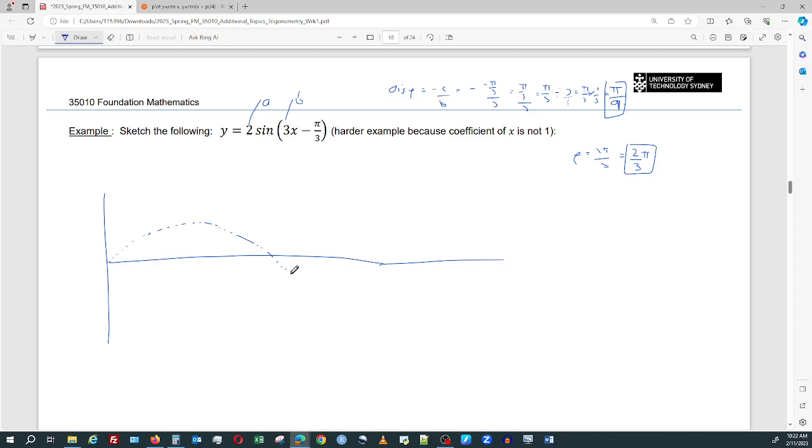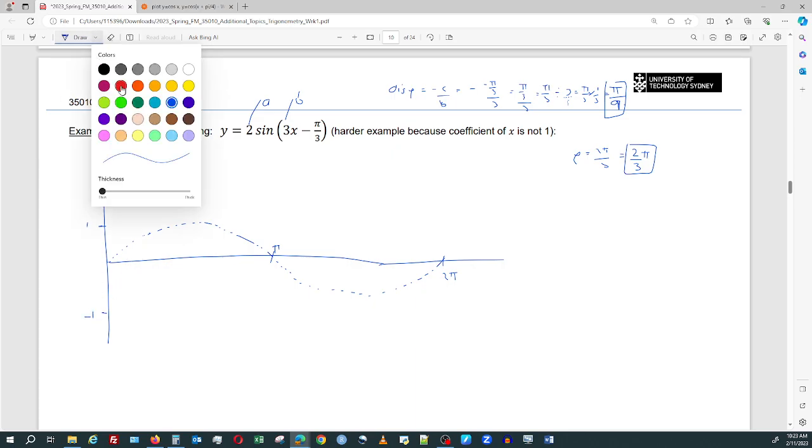Out here, comes down. So we know that that's 2 pi. We know that that's pi. We know that that's 1. And we know that that's minus 1. So that's our comparative information.